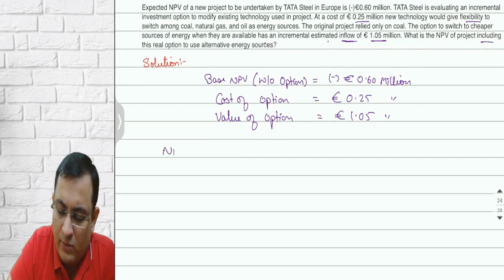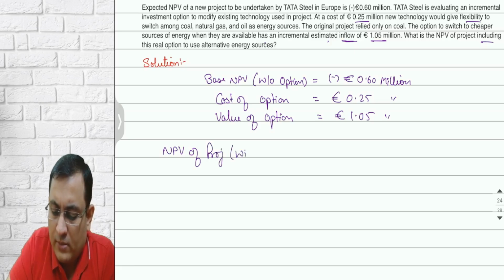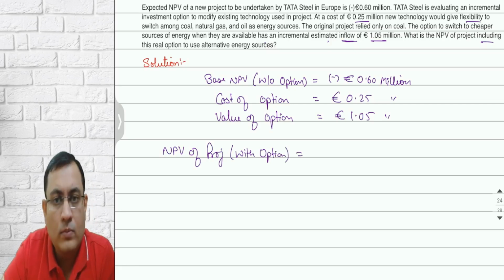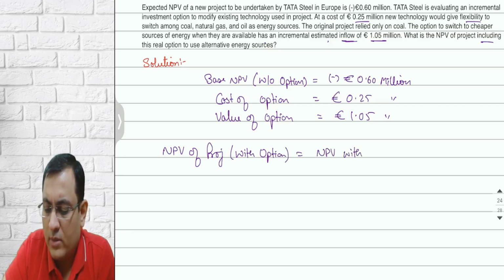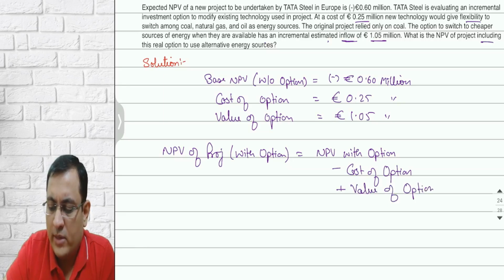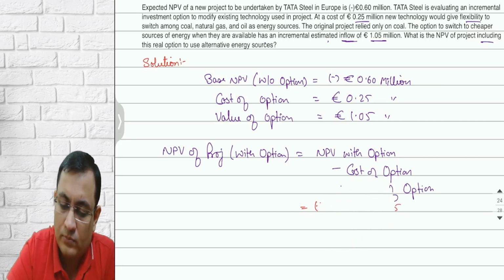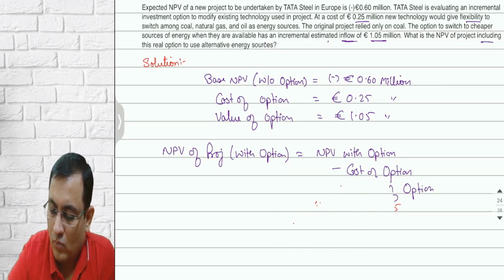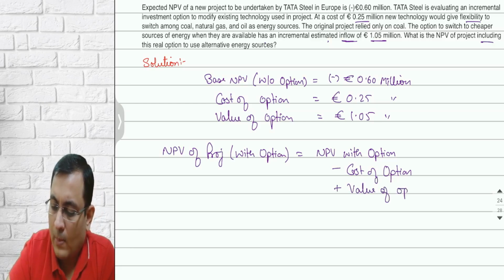So NPV of project with option is equal to base NPV without option minus cost of option plus value of option, which means negative 0.6 minus 0.25 cost plus 1.05 value of option.